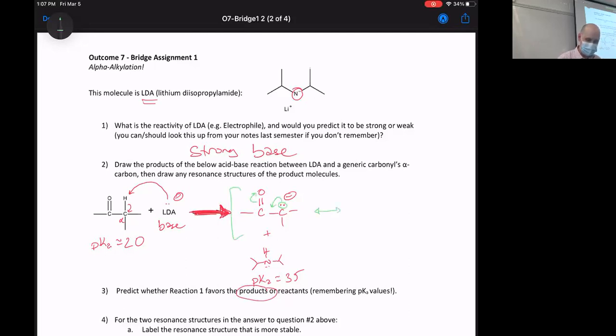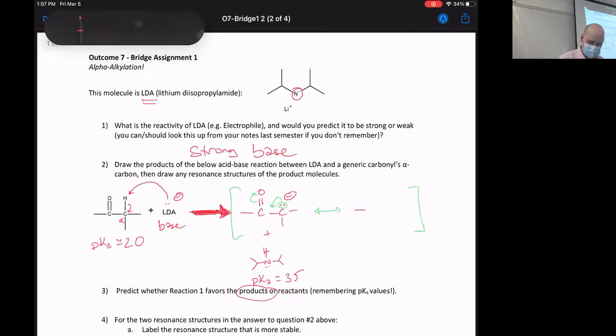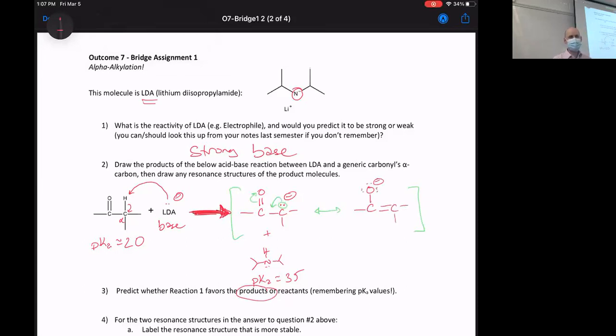And what we can move around in resonance structures was and still is lone pairs and pi bonds. This would be our resonance structure. In resonance structures, take a second and look at your structures. If you ever have 5 bonds to a carbon, you've done it wrong. There should only ever be 4 bonds to any carbon. But this would be our resonance structure.